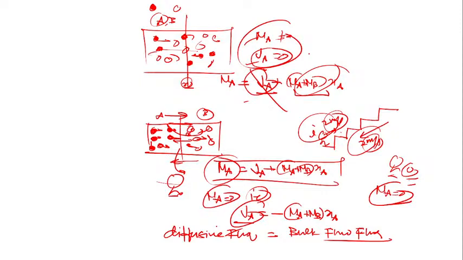Very clear? So my dear student, if Na is 0, it doesn't mean that A is not transporting; A is moving. Generally our perception is that if Na is 0, then A is not transporting. No, A is actually moving. Here your friend is actually moving. But for an observer standing on a stationary reference frame, it seems that he is not moving.